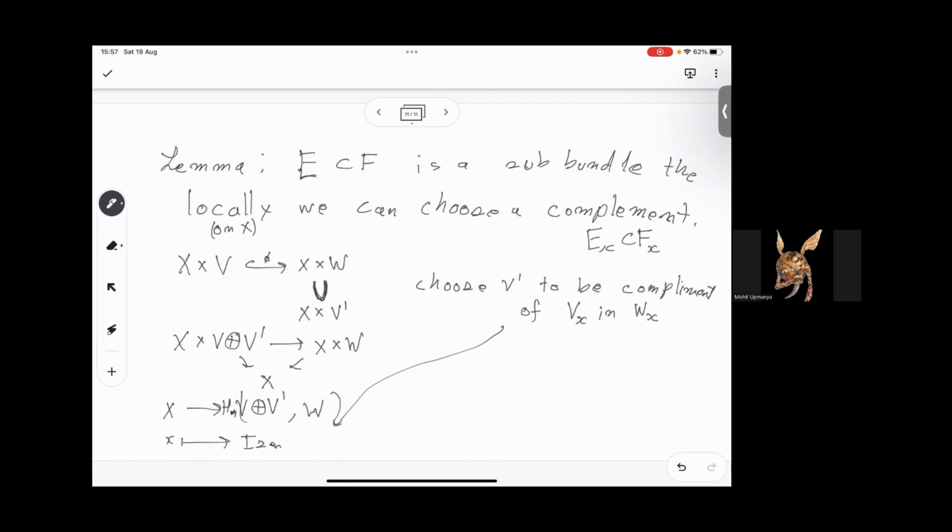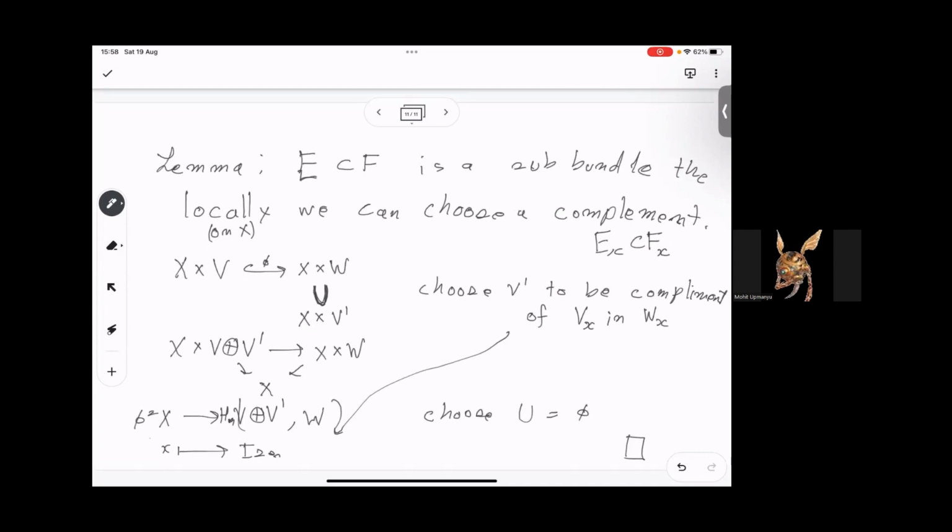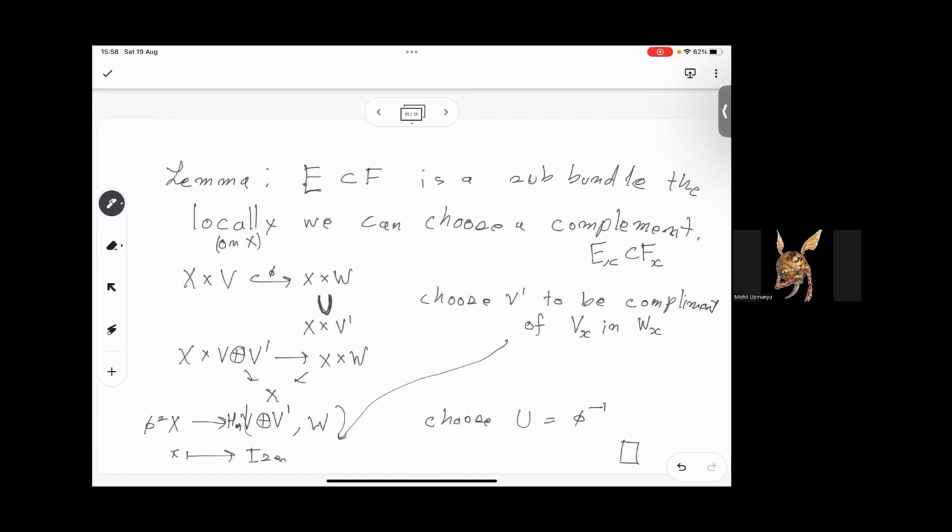That means for this smaller subset U, which is the inverse image of these isomorphisms, we have found a complement, which obviously contains X because X was in the isomorphisms. U to be phi inverse of iso.